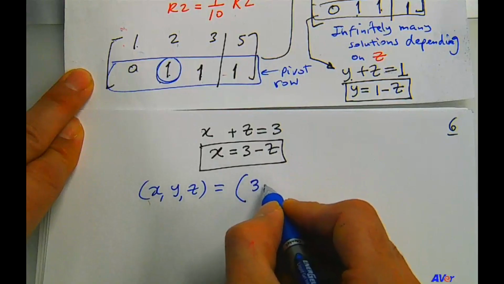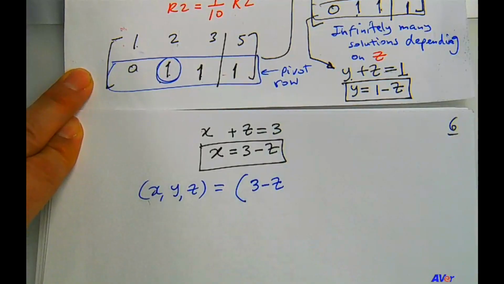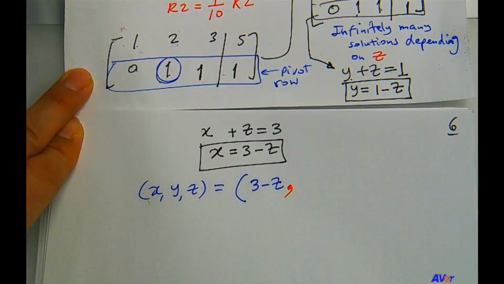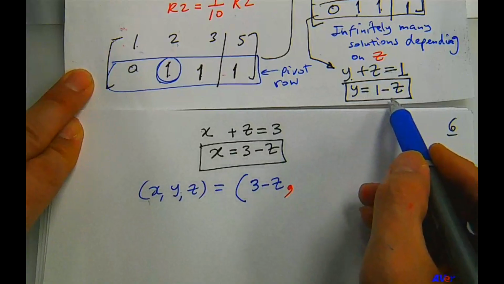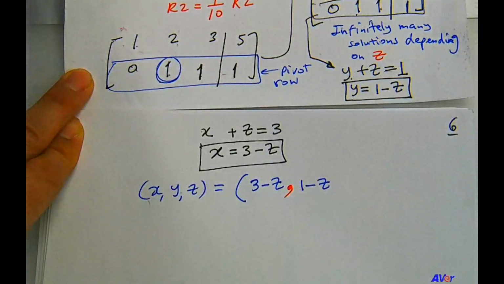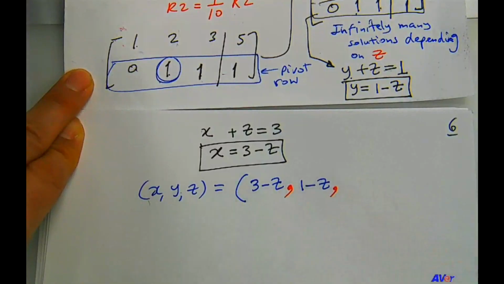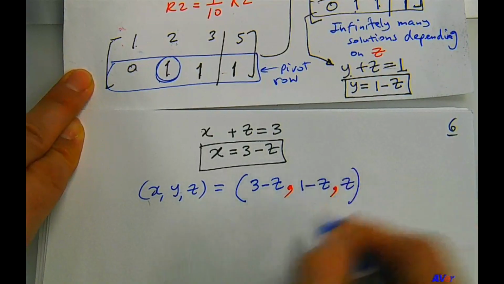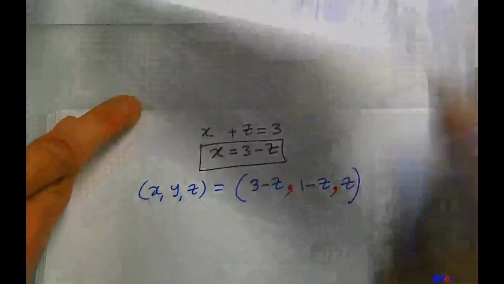So 3 minus z, comma, y is going to be equal to 1 minus z, comma, and z is going to be z. It's a free agent. Z can be anything.